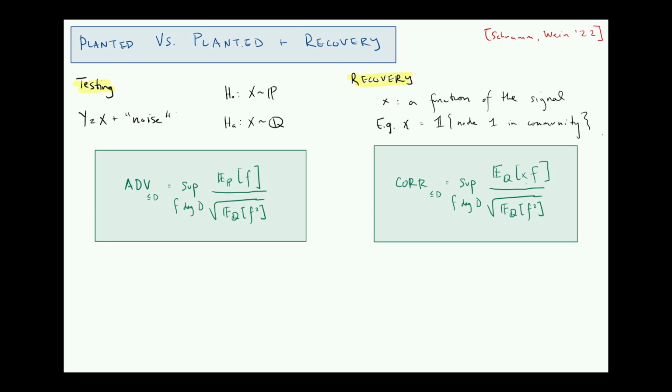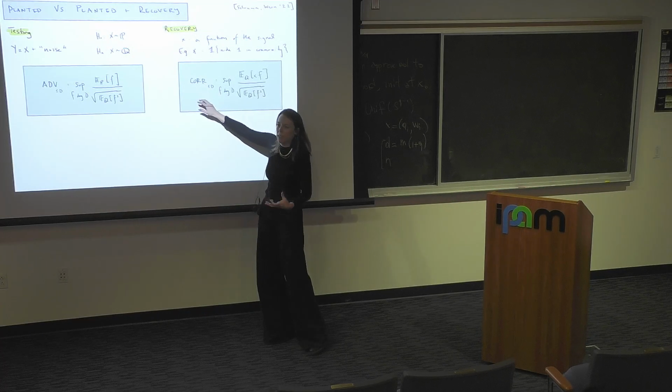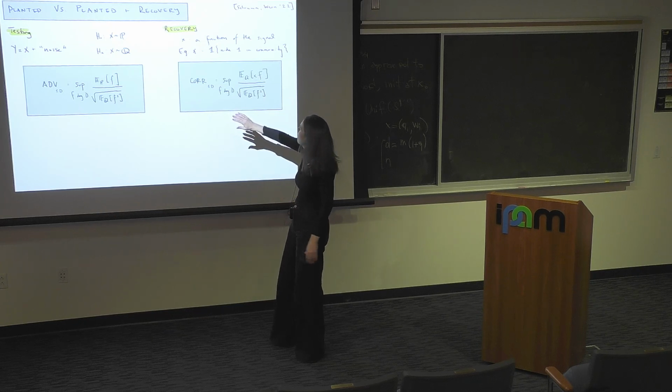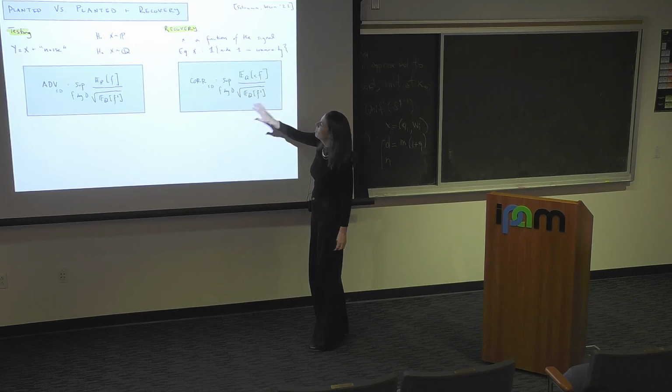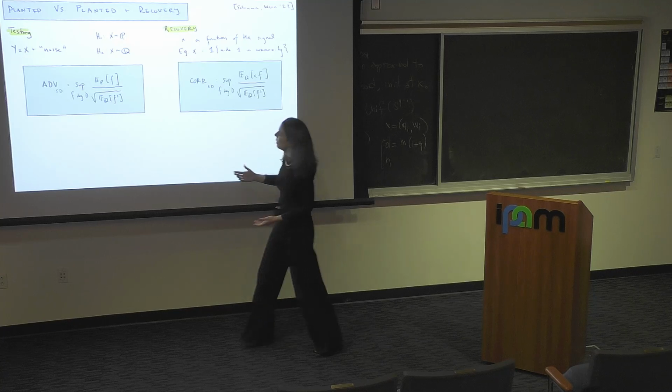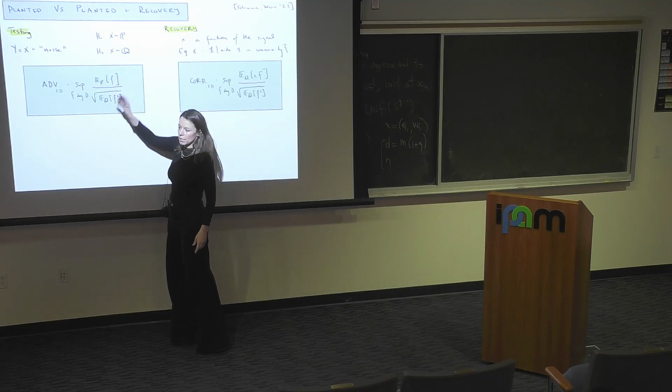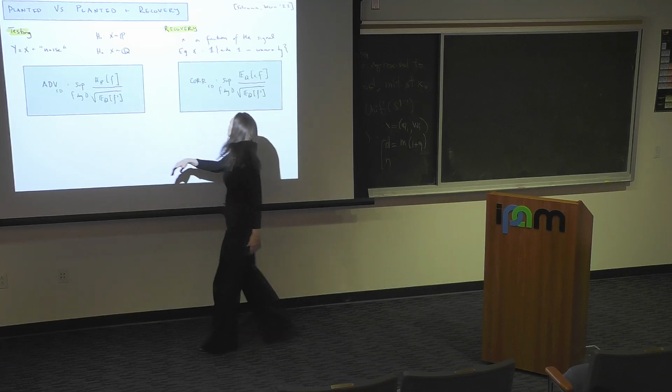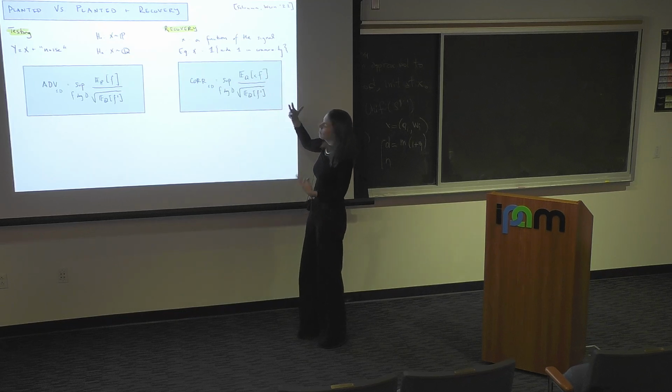They study an object that they call the correlation, which relates to the MMSE of the problem, and it looks very similar to the advantage. The difference is here, I have a P and a Q. It's a testing problem. There is a P and a Q. In the recovery problem, there's only one distribution, right? You want to recover a signal.